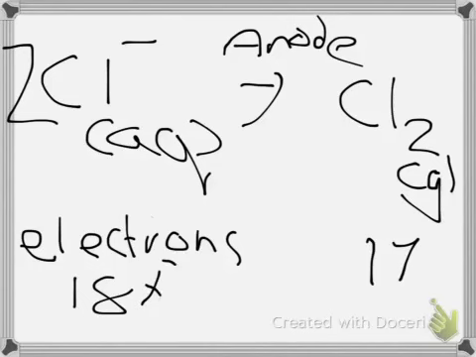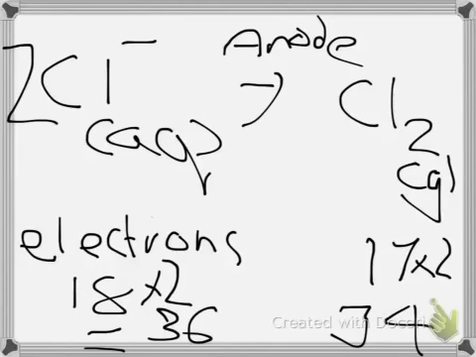I have 2 chlorides, which makes a total of 36. I have 2 chlorines, which makes a total of 34. So I need to balance my electrons this time. I have 2 more electrons on my left hand side. Therefore, I need to add 2 electrons on the right to make sure I get the same on each side.